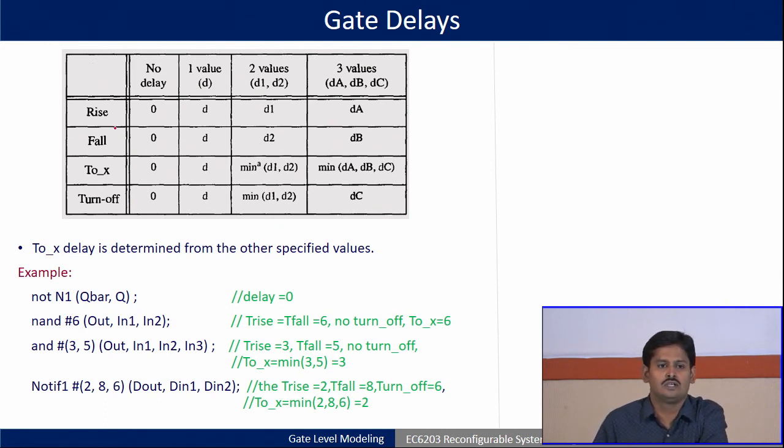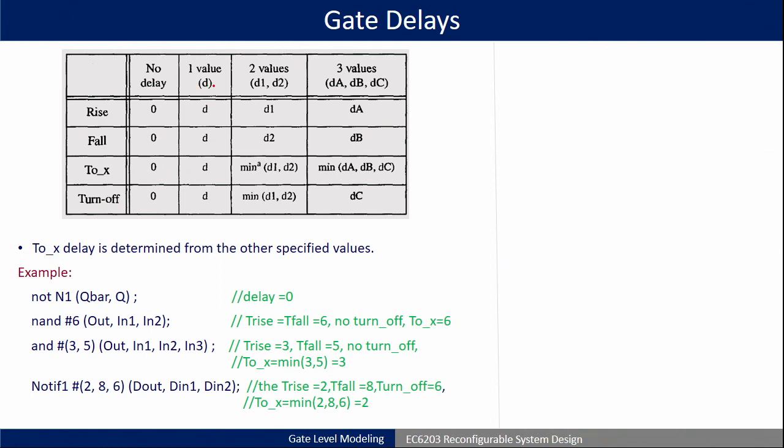If one value of delay is given, let us say d is the delay, then my rise delay is d, fall delay is d, TOX delay is also d and turn-off delay is d. Understood? That means if hash 6 is given, my rise delay and fall delay are both 6 time units.